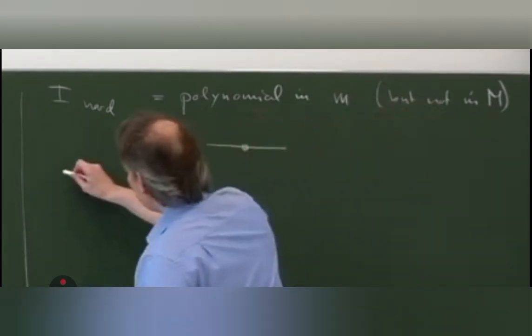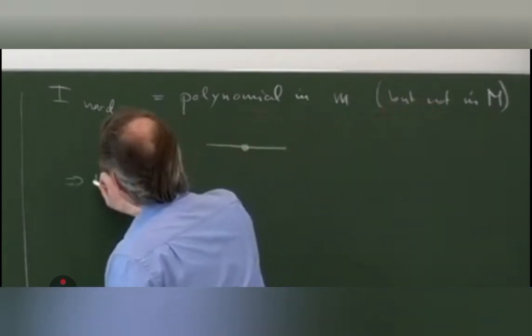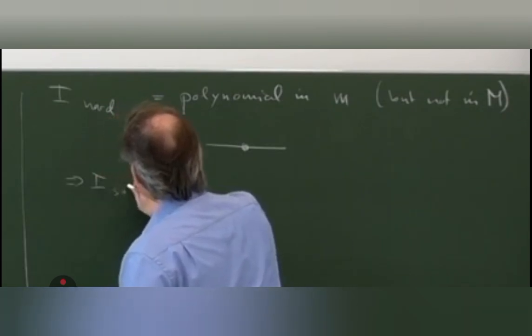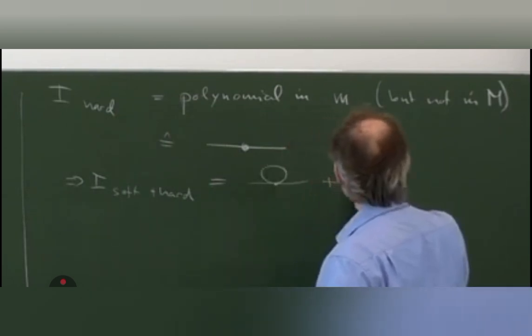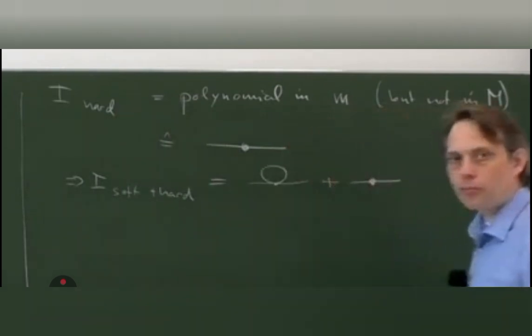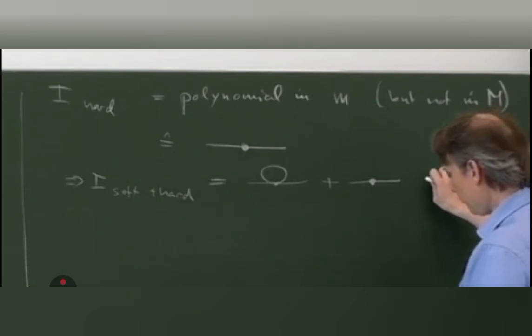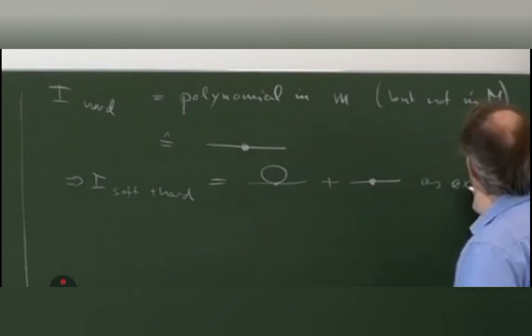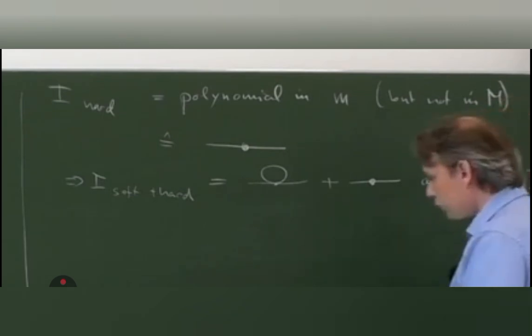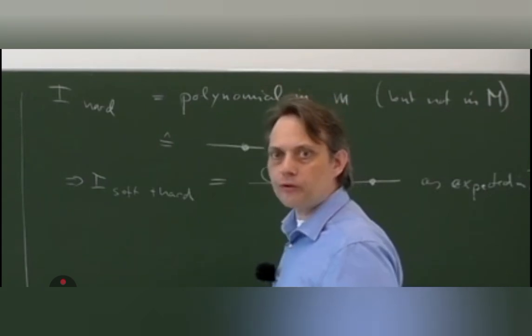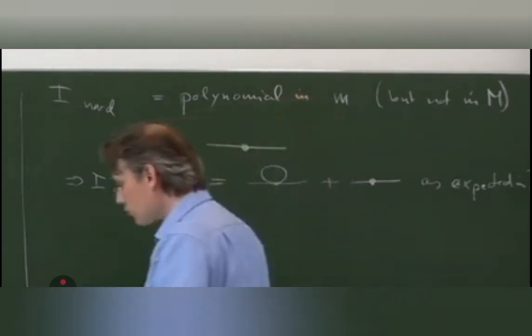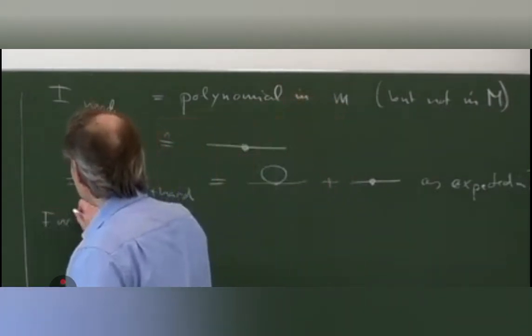And therefore, we now see that first of all, I soft plus I hard reproduces exactly the two Feynman diagrams that we intuitively expected in our beginning section (3.1). And from looking at the results, we also can answer some questions that we had in our introductory section.